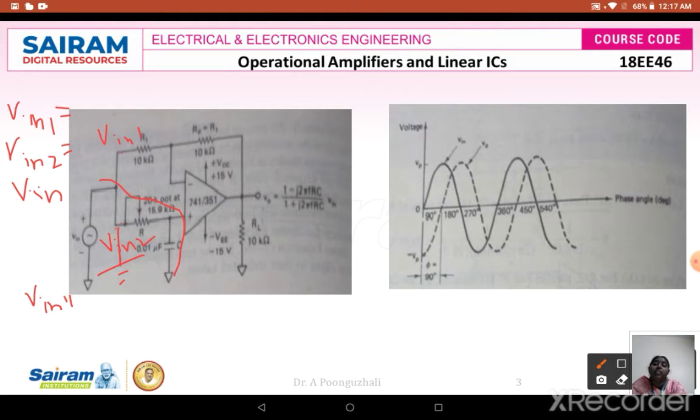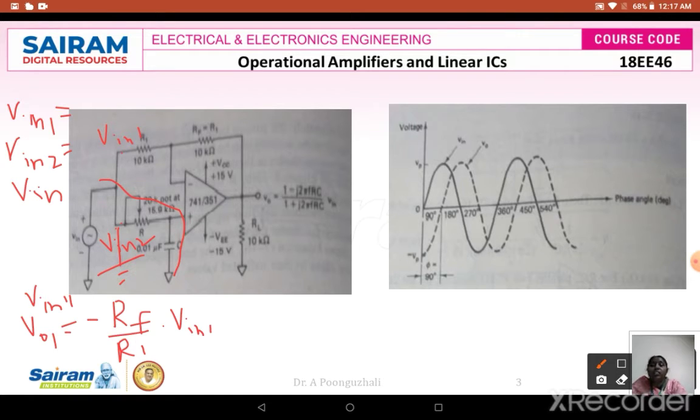When it acts as an inverting amplifier, I can write my V01 output is equivalent to minus, the inverting amplifier gain is minus RF by R1, into V in 1. So my V01 is equal to minus RF by R1 into V in 1.